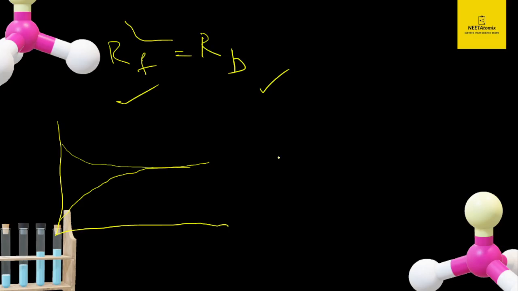When the reactants are being converted into products, as you might have already learnt in chemical kinetics, the concentration of the reactants decreases, but the concentration of the products increases. So this is the rate of the backward and forward reaction. There is a state at which both reaction rates become equal, meaning the rate of the forward reaction is equal to the rate of the backward reaction. The stage of a reversible reaction at which the concentrations of the reactants and products do not change with time is called the equilibrium state.